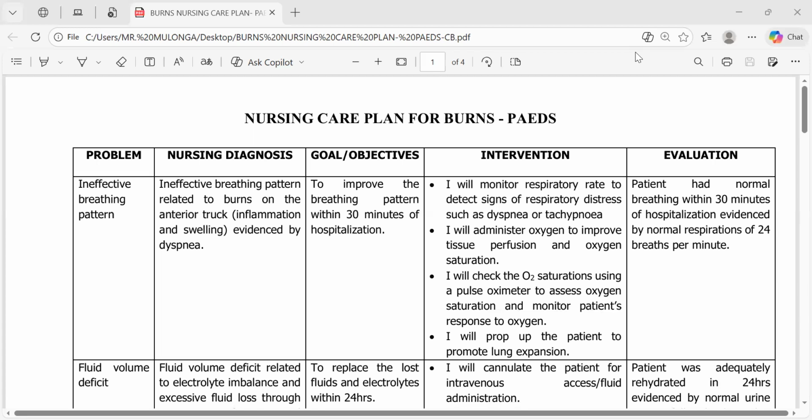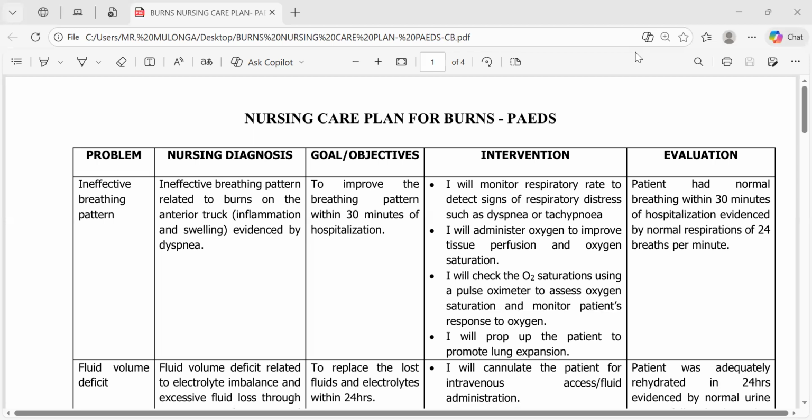Number three, I will check the oxygen saturations using a pulse oximeter to assess oxygen saturation and monitor the patient's response to oxygen. Usually we put this as: I will monitor oxygen saturations using a pulse oximeter to note whether they are above or below 90%, and give supplemental oxygen if below 90%.